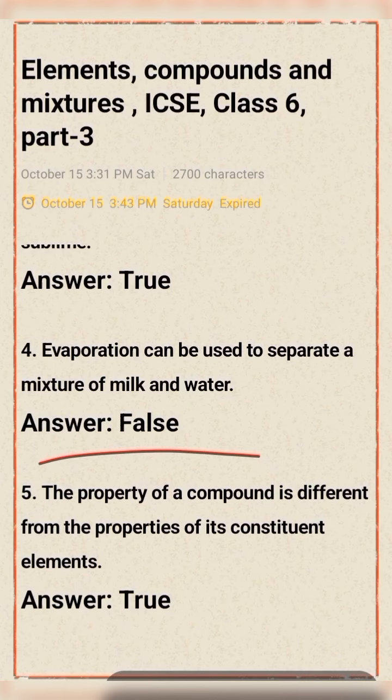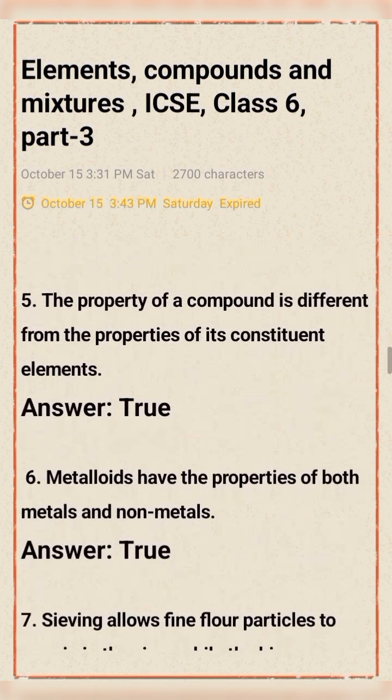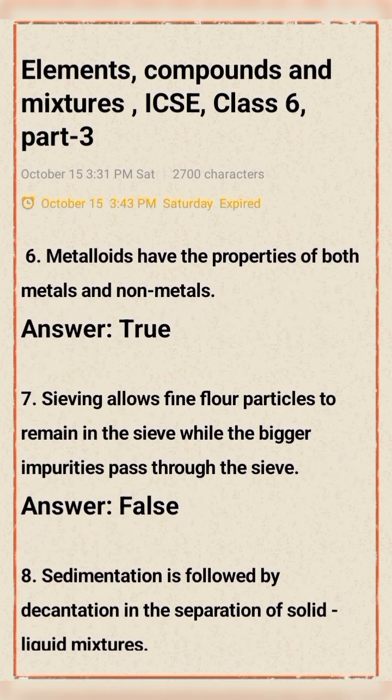The properties of a compound are different from the properties of its constituent elements. This statement is true. Next question number 6. Metalloids have the properties of both metals and non-metals. This statement is true.